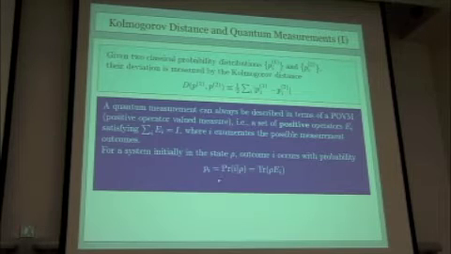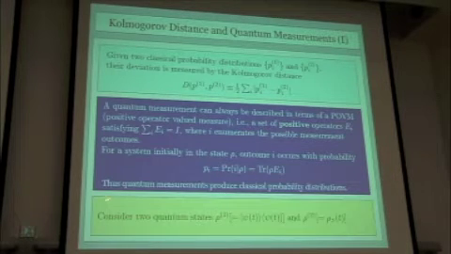And when we have a system in some state rho, the probability of observing outcome i, given that the system is in state rho, is given by this standard formula, trace of rho times the ith POVM operator. And that is the probability distribution. The p_i is the probability distribution, given that the system was in state rho. Okay, so a quantum measurement produces a classical probability distribution.